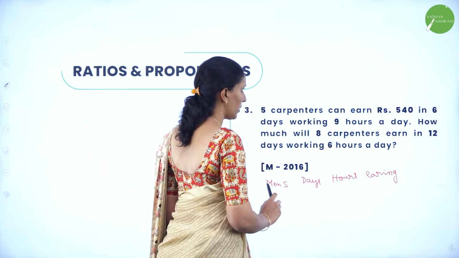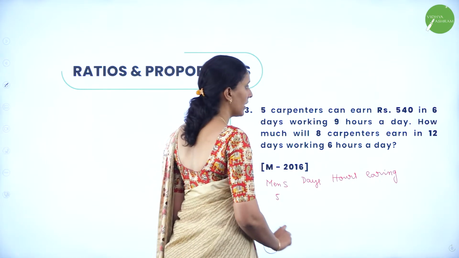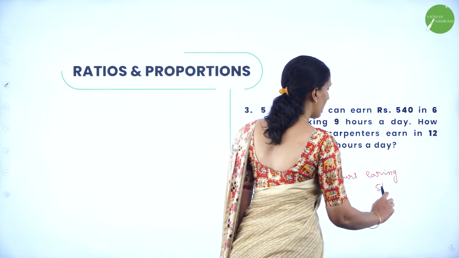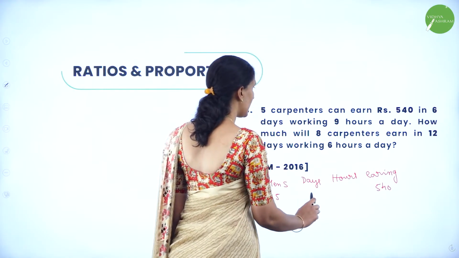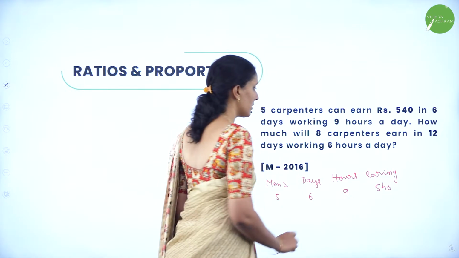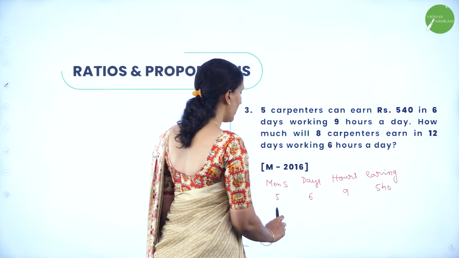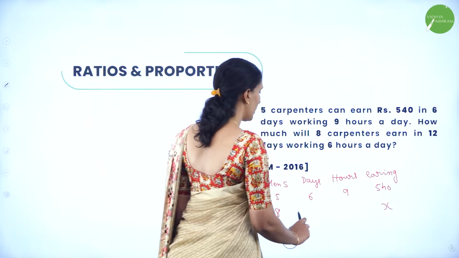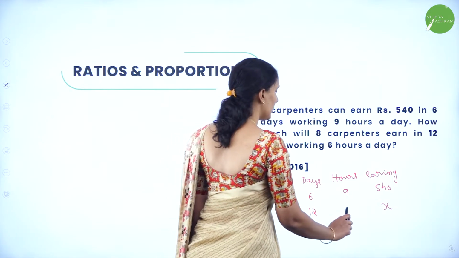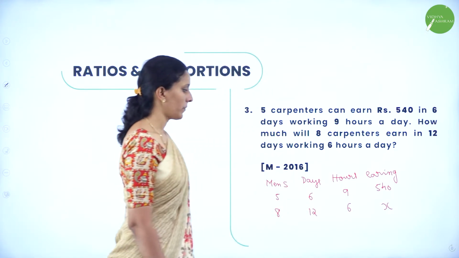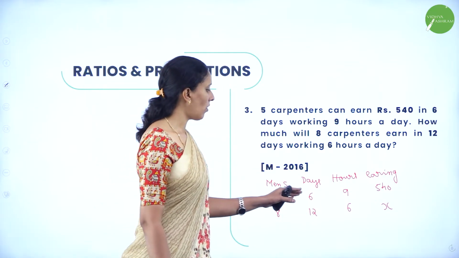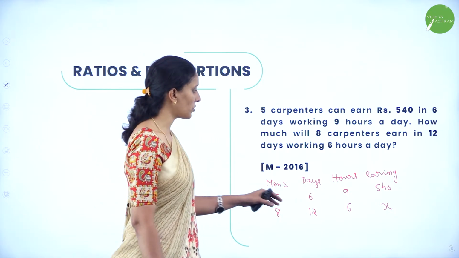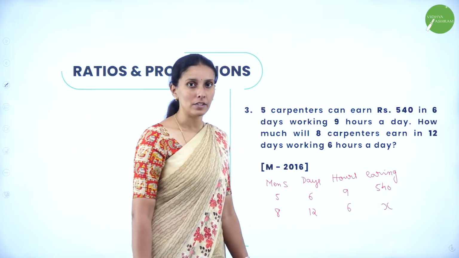So clearly from the question, 5 carpenters can earn rupees 540 in 6 days of working 9 hours a day. Now, how much will 8 carpenters earn if they work for 12 days in 6 hours a day? So clearly you can see these first 3 are directly proportional and the last one is inversely proportional.